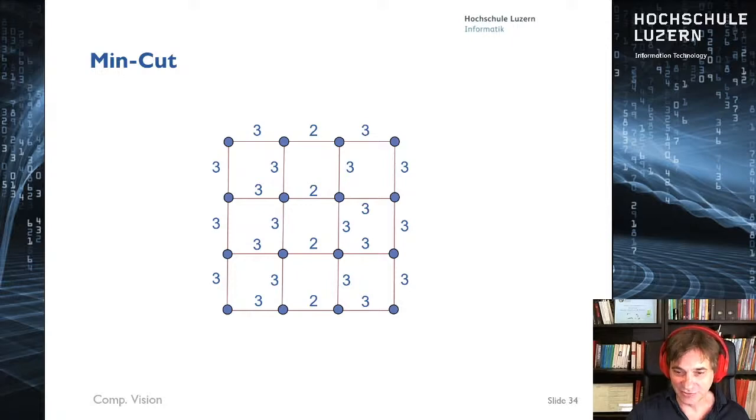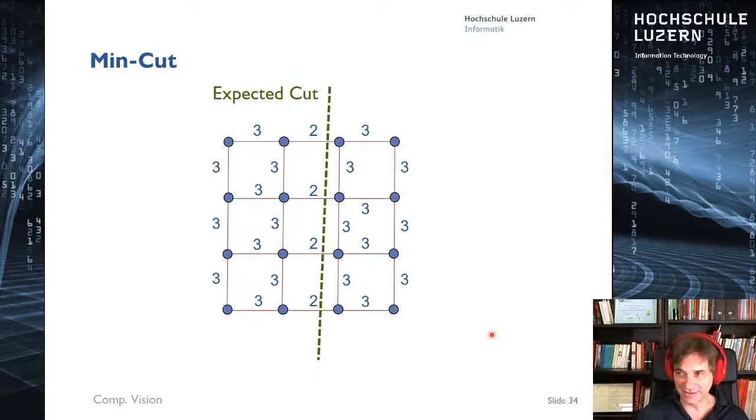So what would we expect? Probably what would happen with the min cut algorithm? Of course we would expect that, right? It's all symmetrical, and the edges in the middle have the minimum, so that must be the best cut to actually separate those two regions. But is this really the cut with the minimal value?